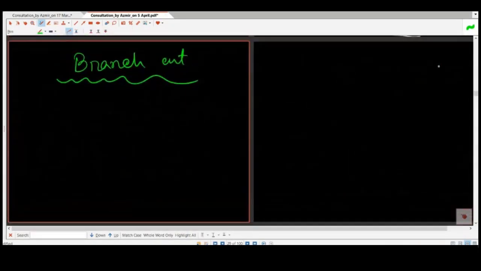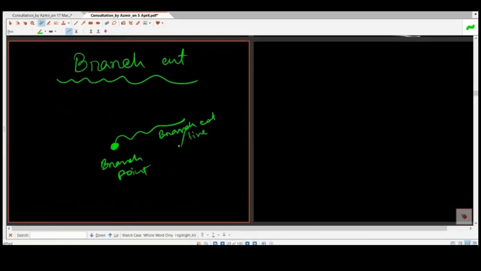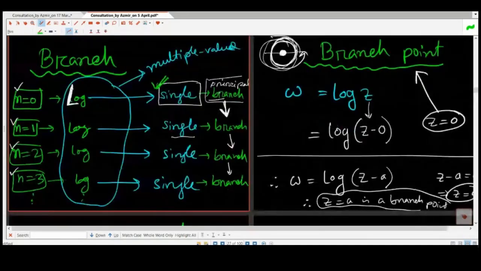We can take any line as branch cut, but branch cut will always be adjacent to the branch point. Let's say this is the branch point and this is the branch cut. Branch cut is also known as branch line because it can be thought of as a line also. For now, let's understand that branches are all the single valued functions of a multiple valued function.